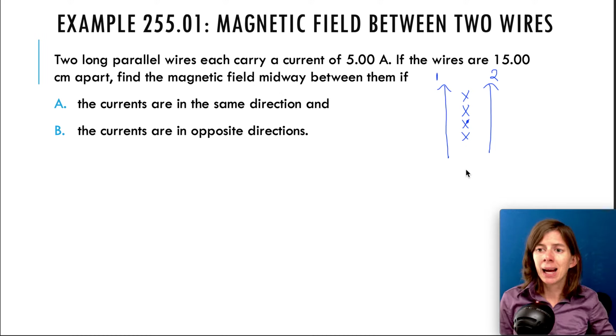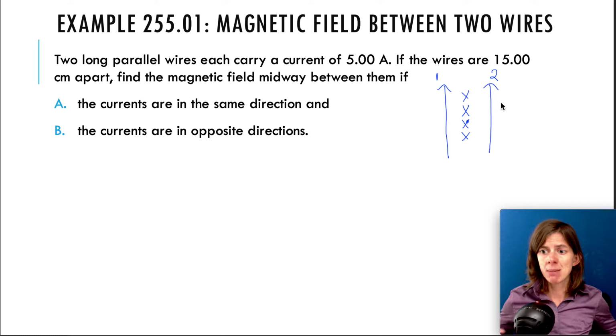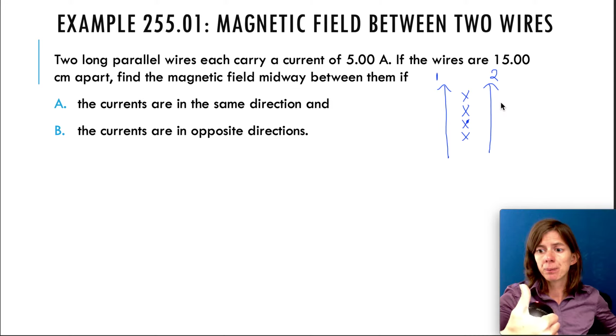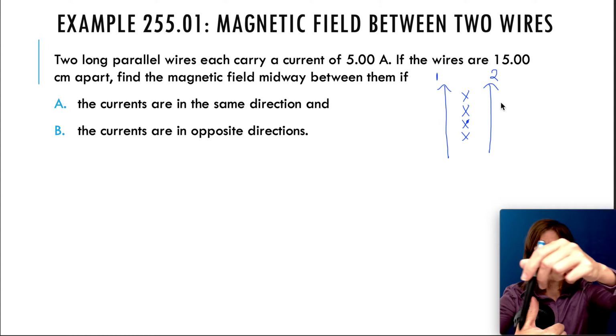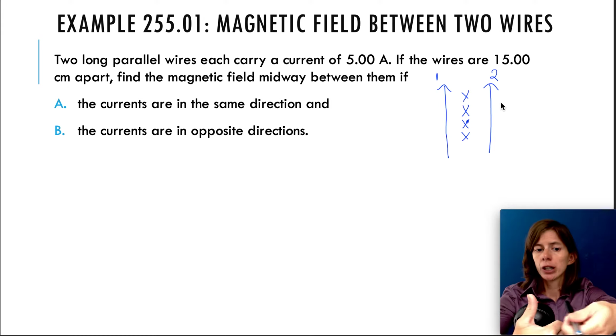Okay, now let's take a look at wire number 2. Which way is the magnetic field produced by wire number 2 on the left side of wire number 2? So do the same thing. The current is going up. When you loop around, if you are on the left side of the wire, you're coming out of the page.